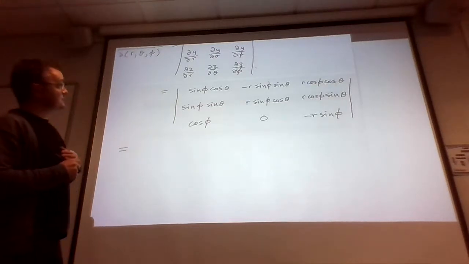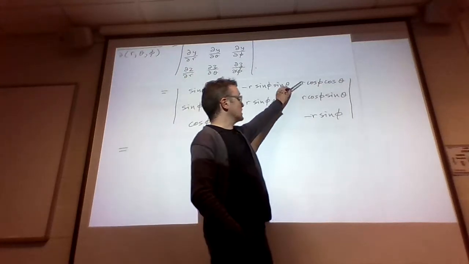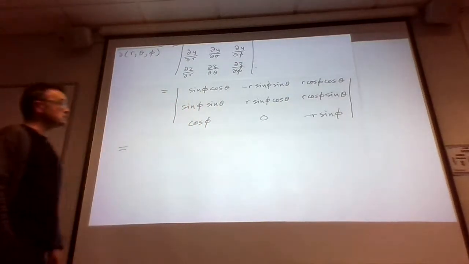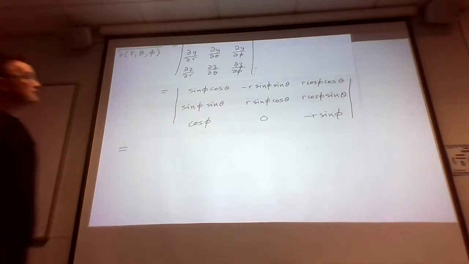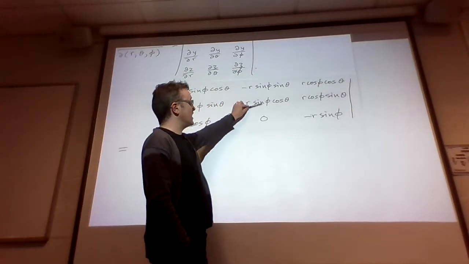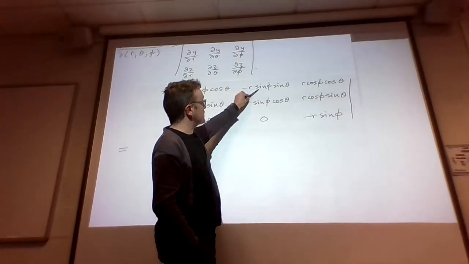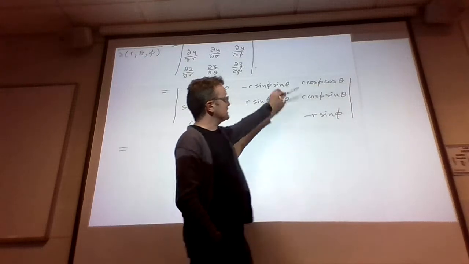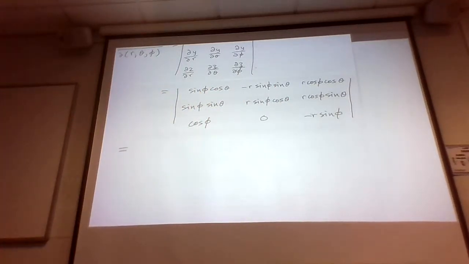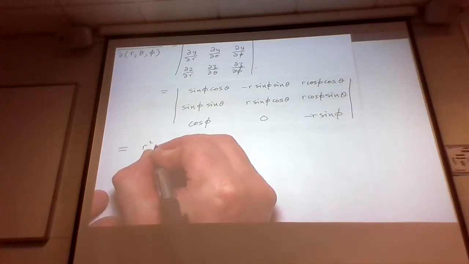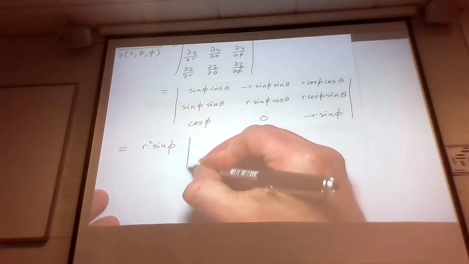So, common factors. Well, there's an r common factor in the second column. There's an r common factor in the third column, so we can take r squared out. And in fact, there's also a common factor of sine phi in the second column as well. So in total, we can take r sine phi out of the second column and take an extra r out of the third column. So in total, we can take out r squared sine phi out of all of that.